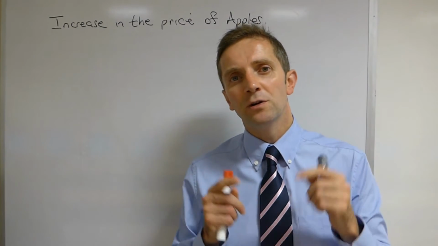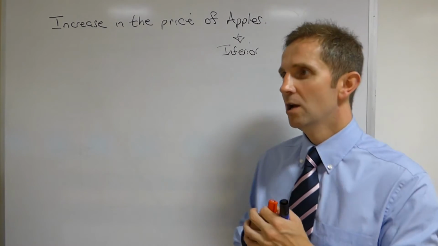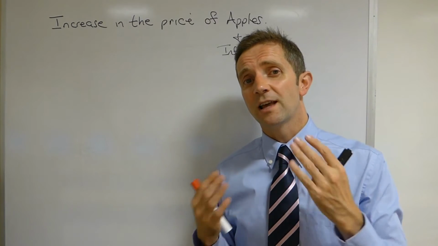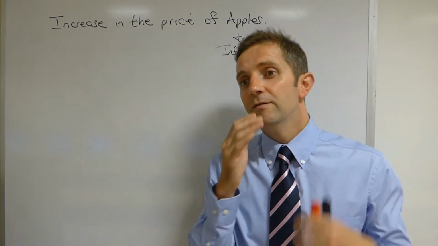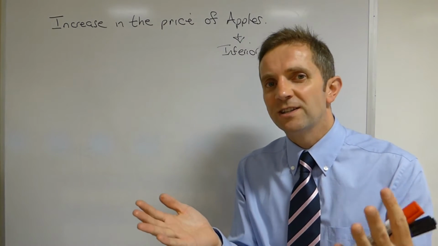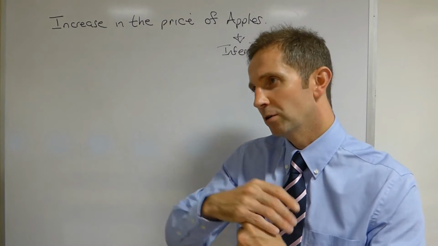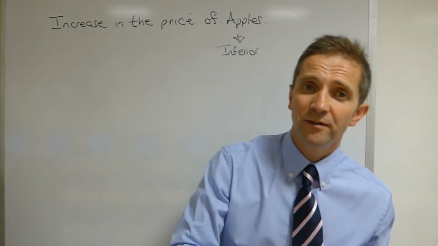An inferior good is one, I'm sure you know this from your AS studies of economics, for which as an individual's income rises, their demand for a specific item will fall. So VHS video recorders and cassette recorders years ago are a great example of this, as people move to superior goods as their income rises. The opposite is true as well.